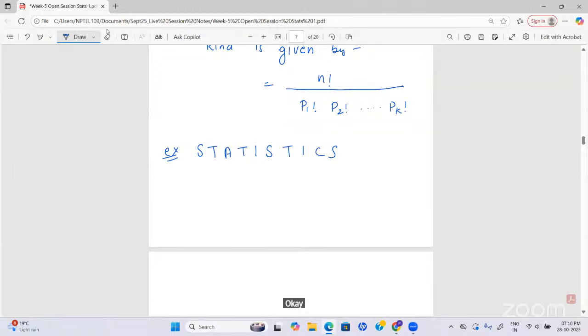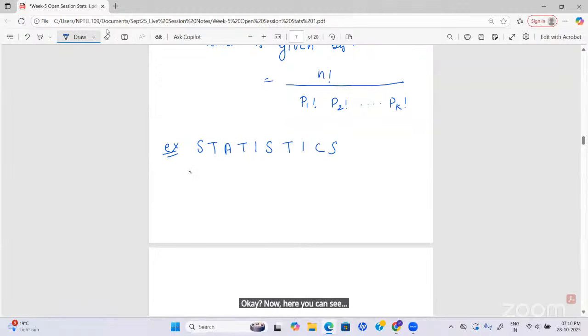Here you can see that the letter S is coming 1, 2, 3 times, right? Then letter T is coming 3 times. And letter A is not repeating. Letter I is coming 2 times. Is that correct? Yes, ma'am.